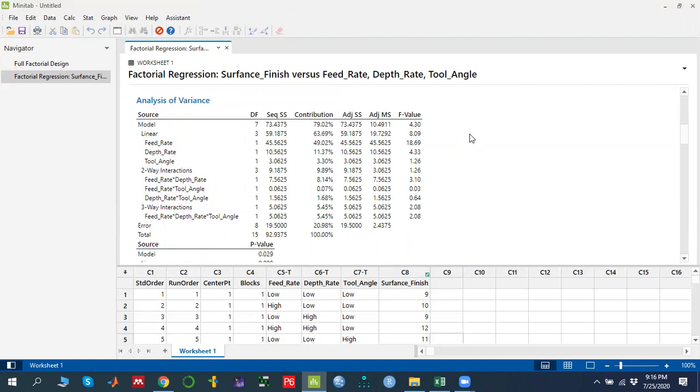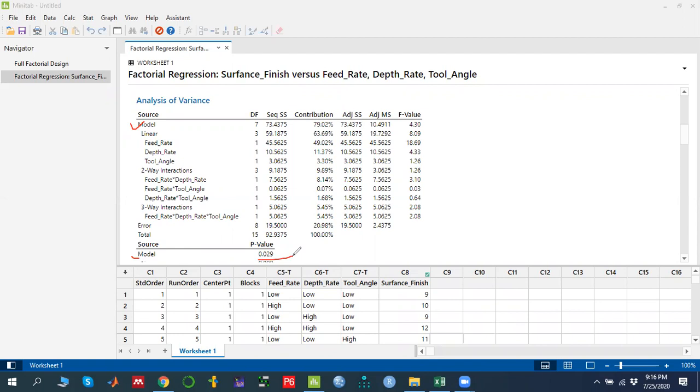Okay, the analysis of variance tells us more specifically, first of all, whether this model is significant. We can see that the model's p-value is 0.029. So the model is significant, which means it is a good model.